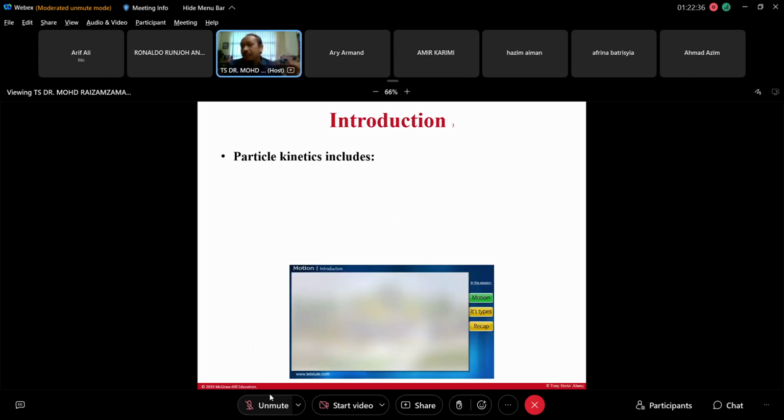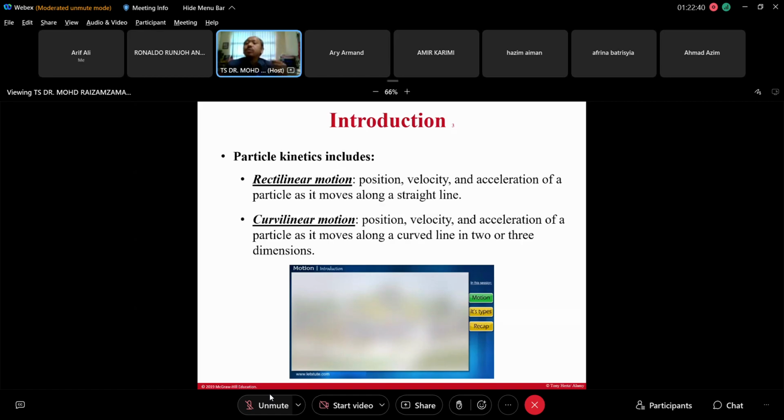So particle kinematics includes rectilinear motion and also curvilinear motion. So rectilinear means what, class? The position, velocity, and acceleration of a particle as it moves along a straight line. That's rectilinear motion. Then you also have curvilinear motion. So it means what, class?